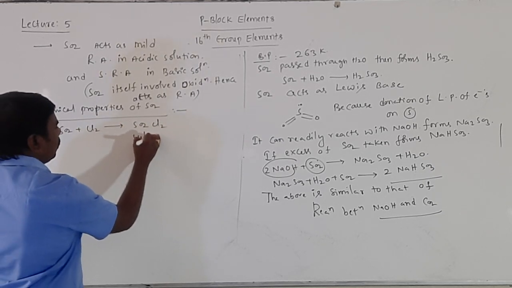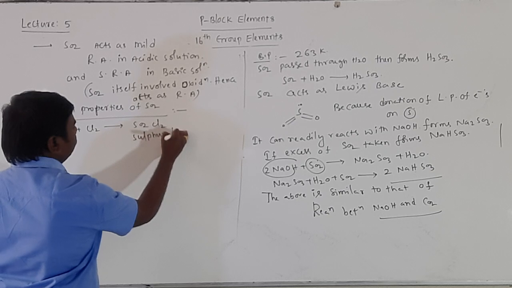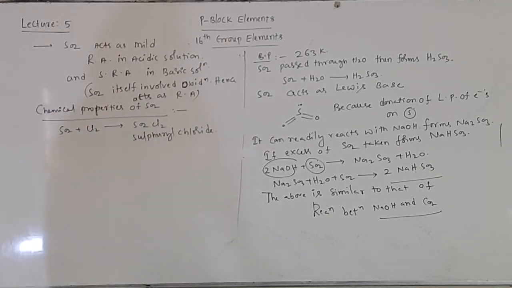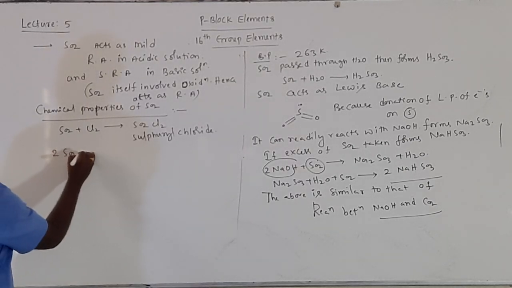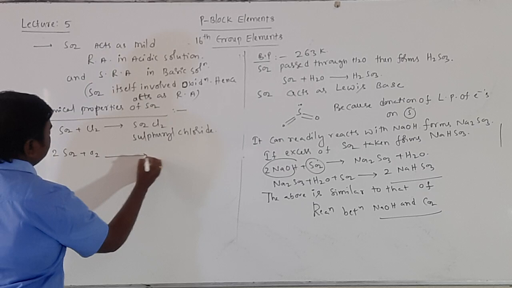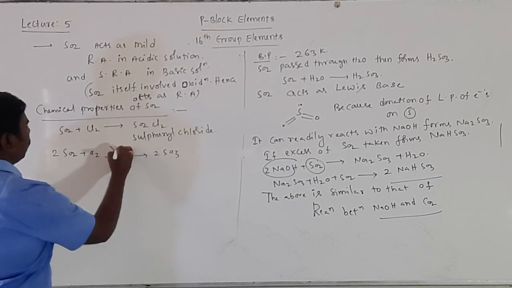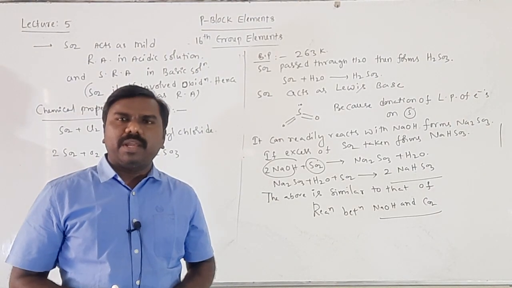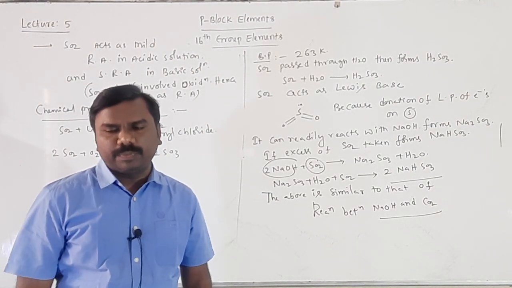It is called sulfuryl chloride, a dangerous gas. SO2 reacts with O2: 2SO2 plus O2 gives rise to 2SO3. Vanadium pentoxide is used as a catalyst to prepare SO3 from SO2.